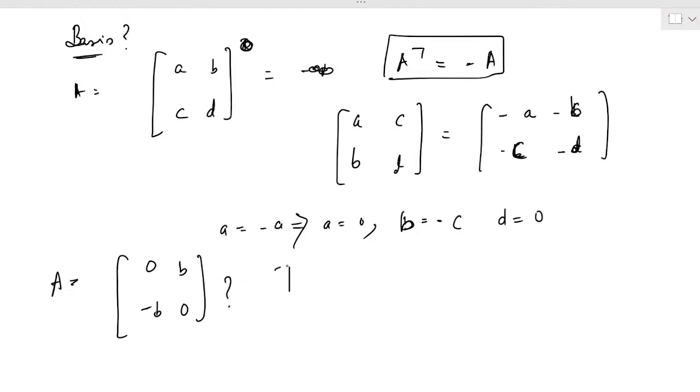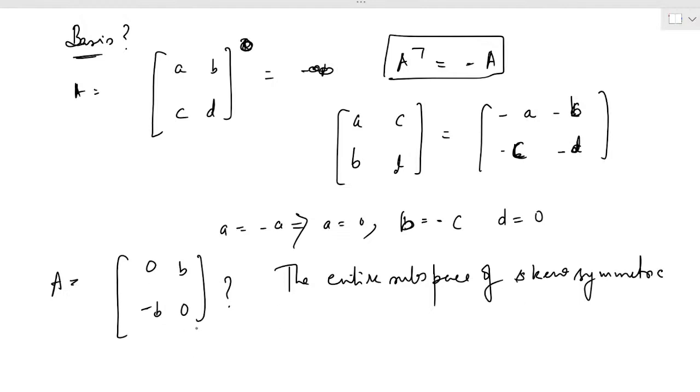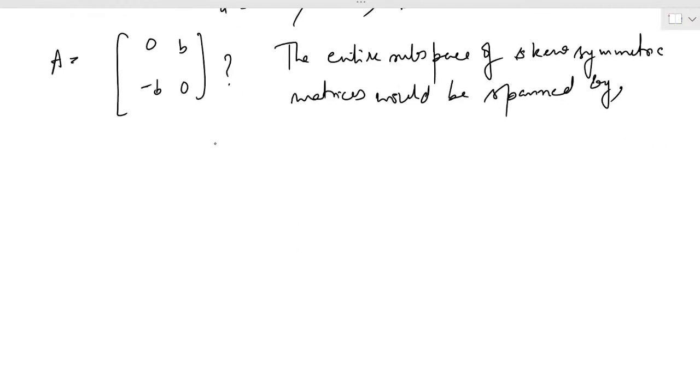Clearly this entire subspace of skew symmetric matrices with real entries can be spanned by simply this: 0, 1, -1, and 0.